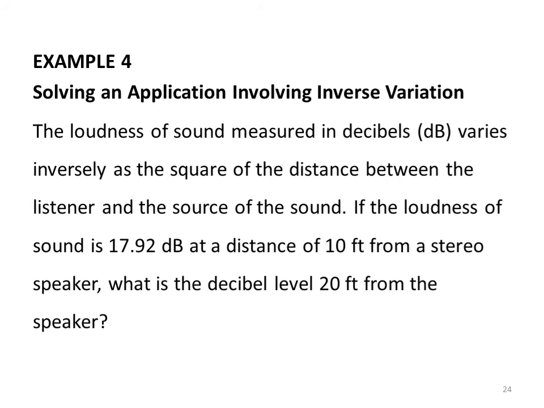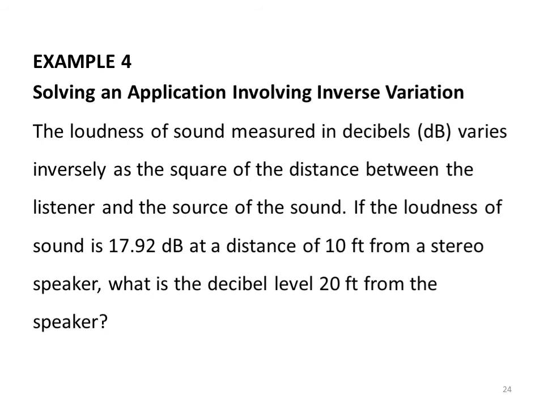But here the loudness is inversely related to the square of the distance between the listener and the source of the sound. So we have an inverse relationship between the loudness and the square of the distance.